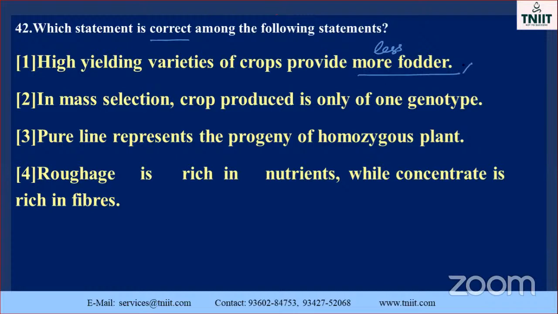That is the wrong statement. In mass selection, crop produces only one genotype. No, mass selection means it produces more genotypes. Pure line represents the progeny of a homozygous plant. Yes, 100 and 100,000 times correct. That is the correct statement. Okay, pure line.